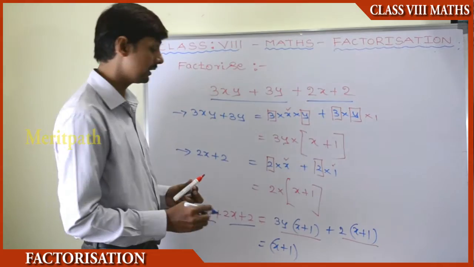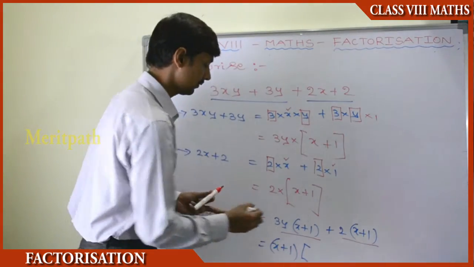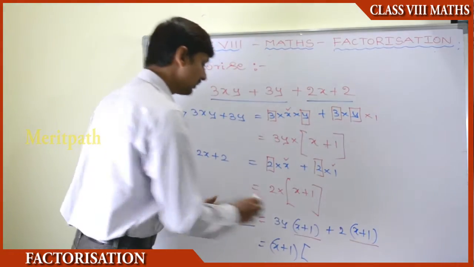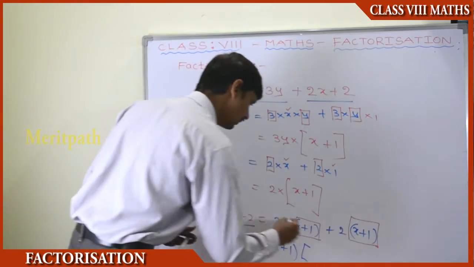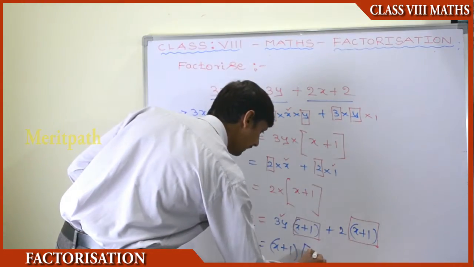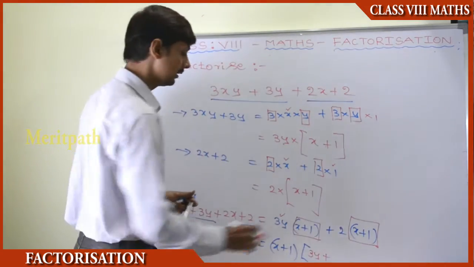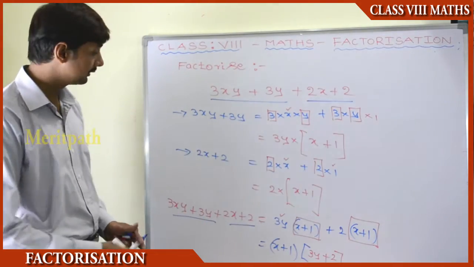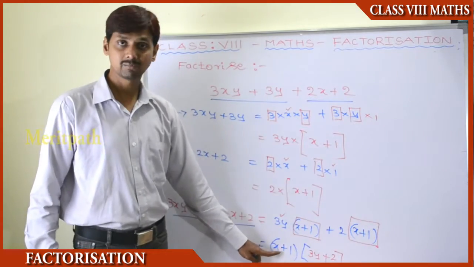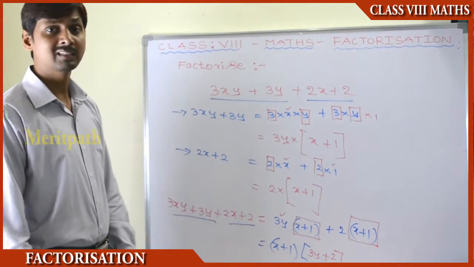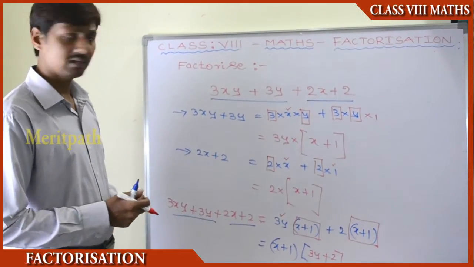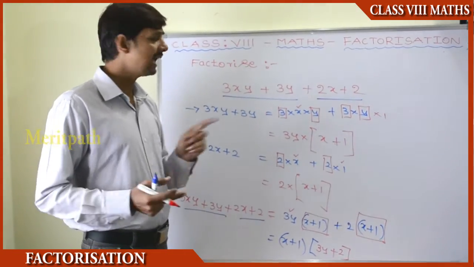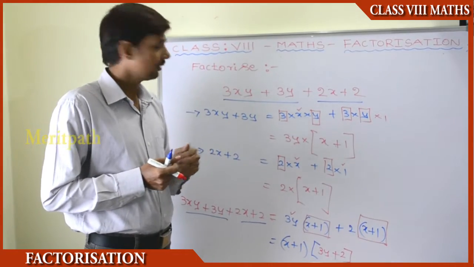After taking x plus 1 in common, 3y will be left over, and 2 will be left over from the other part. So finally, taking the factors of these two parts combined, we get x plus 1 times 3y plus 2. This is the process we followed when an expression has two variables, and in this we rearranged the terms.